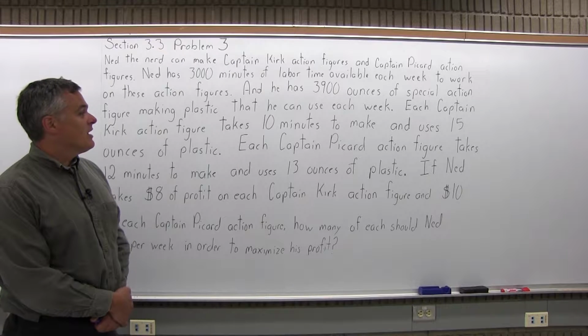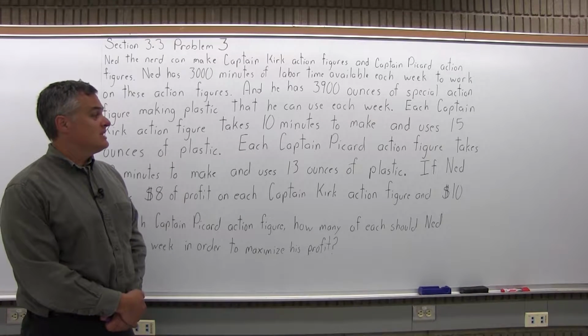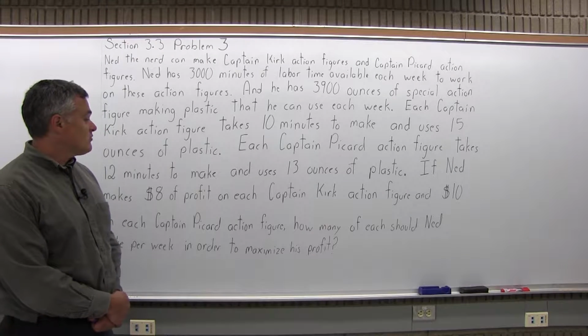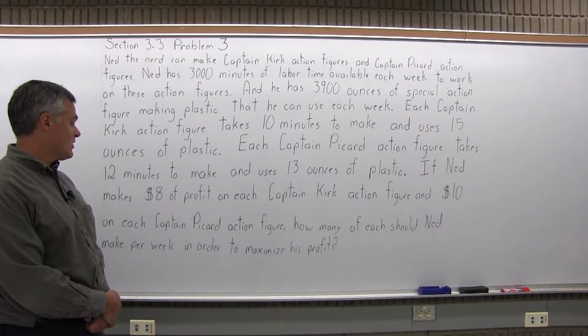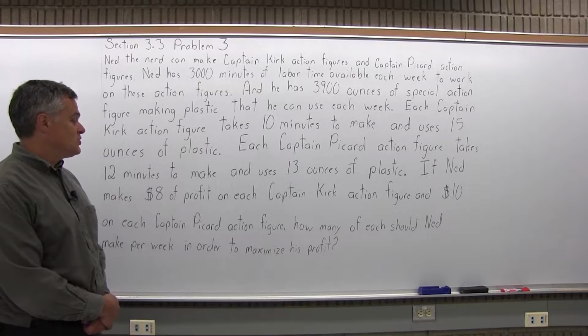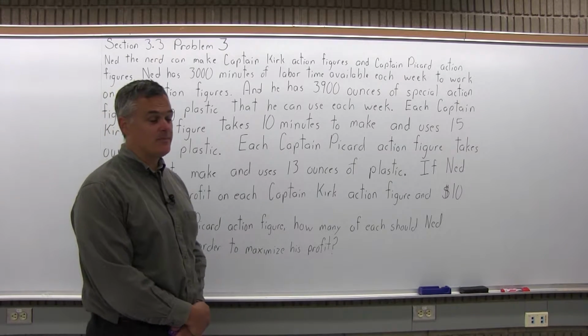Each Captain Picard action figure takes 12 minutes to make and uses 13 ounces of plastic. If Ned makes $8 of profit on each Captain Kirk action figure and $10 of profit on each Captain Picard action figure, how many of each should Ned make per week in order to maximize his profit?